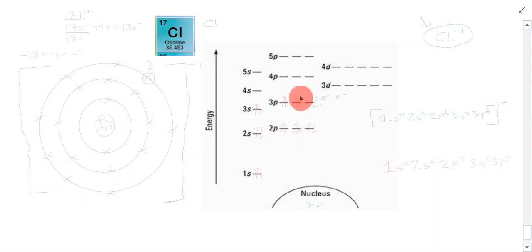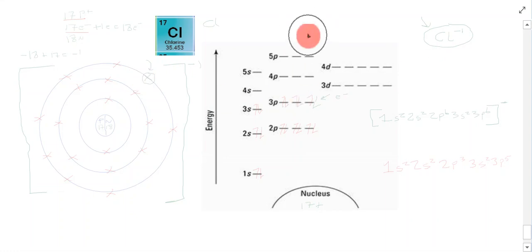So this represents the fact that you have a chlorine atom that has an extra electron, and as a result, the overall charge on the chlorine atom is going to be -1, or negatively charged.